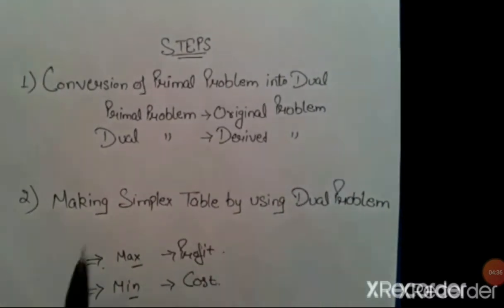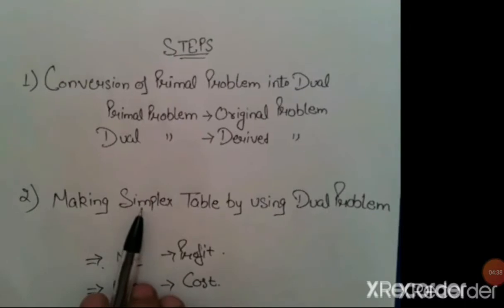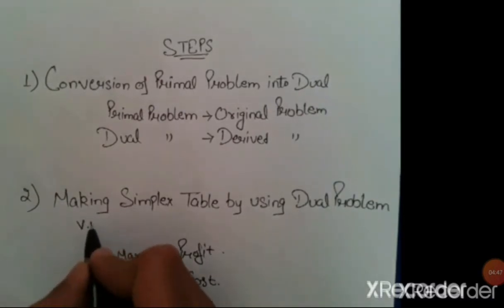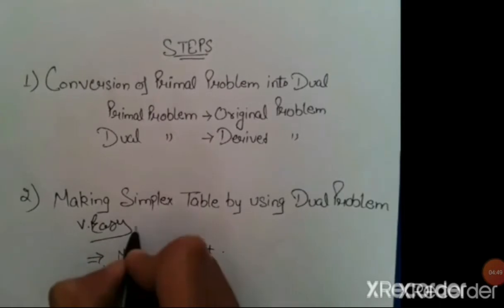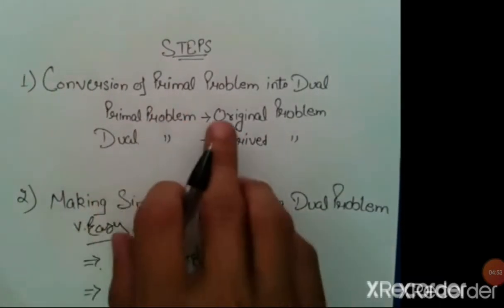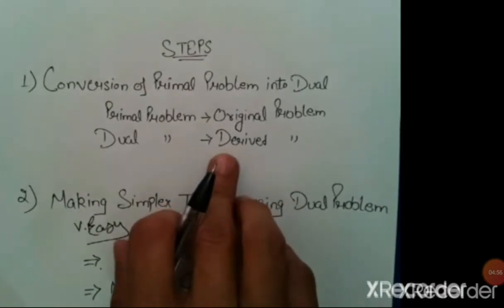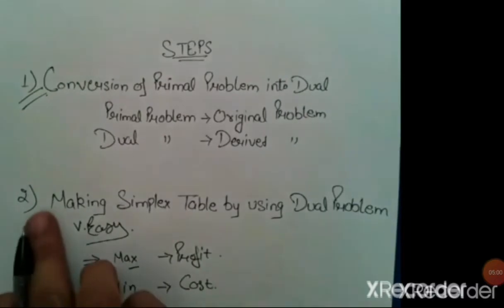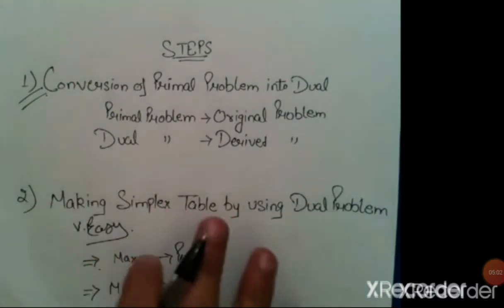In the same way you can prepare a dual, and later on using a simplex table you can find the feasible solution. So the dual is derived from the primal problem.